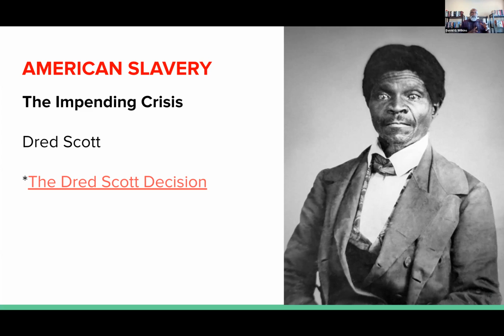You recall, this is the compromise that would bring Maine and Missouri in as a free and slave state, and would bar or prohibit slavery being expanded into the territories. So in Chief Justice Taney's decision, that law is now unconstitutional, and enslavers celebrate as they can now extend slavery into the West.